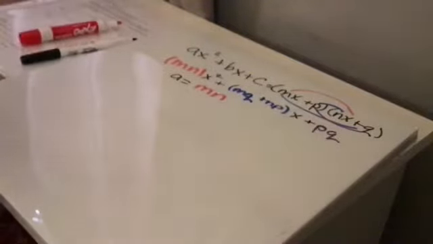Okay, so what this is telling us is that you are looking for factors of a, right? So if we line this up, this tells us that a is equal to m times n. So we need factors of a and factors of c. That's our constant here when we line it up.